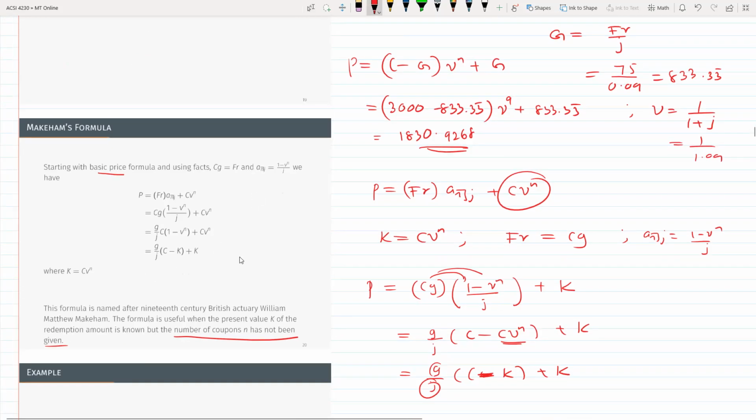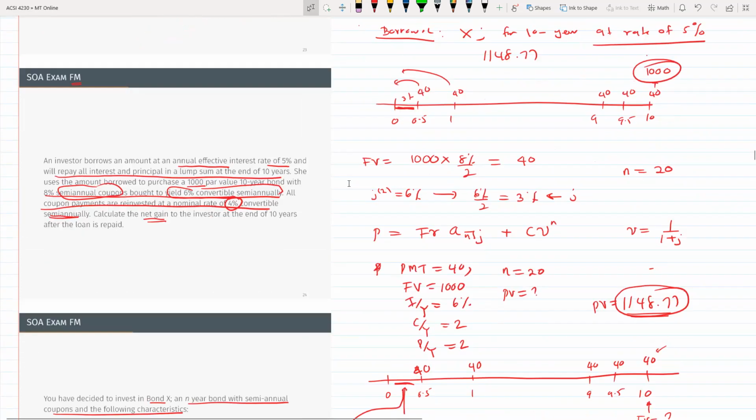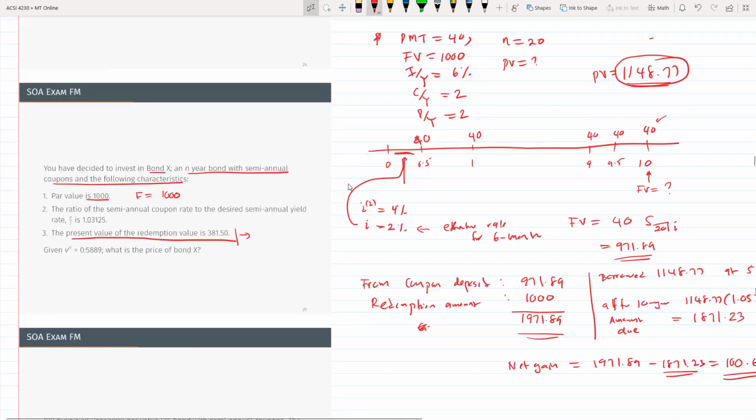So here is the formula. It's G over J times C minus K plus K. Okay, so let's write it down. What is K? K is the present value of the redemption amount. So K is basically 381.50.